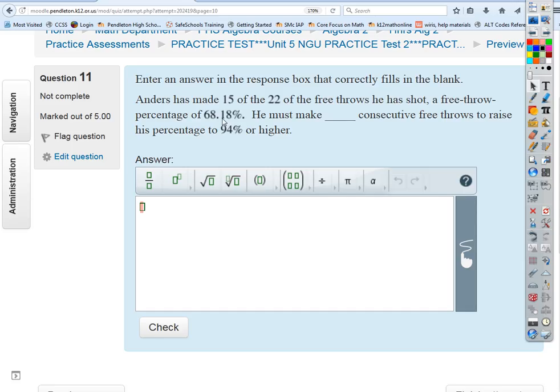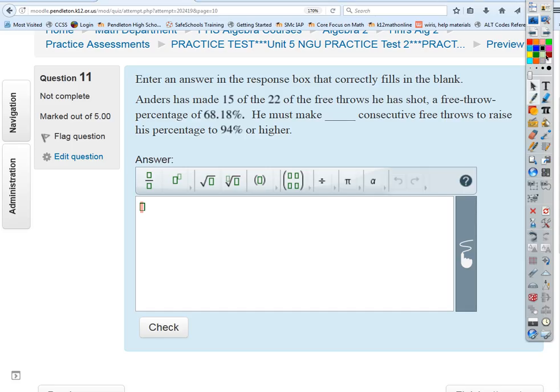So if we want to know how many he must make in a row in order to raise his percentage to 94%, how are we going to set that up then? We need 94% to be his makes over his total attempts, right? What's the variable here? What are they asking for? It's how many consecutive shots he needs to make, so call that X, right?